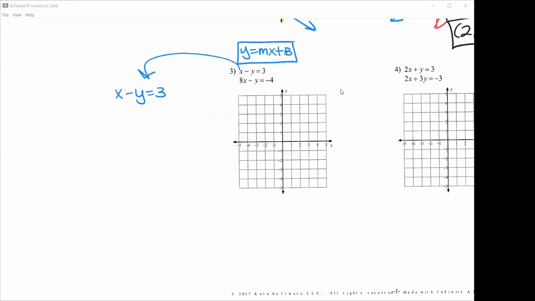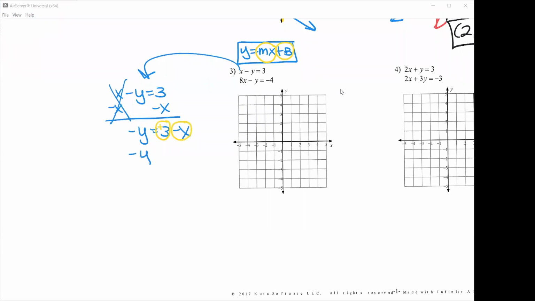I'm going to start off by subtracting x from both sides. So I am left with -y equals 3 minus x. But notice how we have the mx first and the b last, like the y-intercept is last, the constant. So I'm going to swap the order, but when you swap the order, the sign before it goes with it.